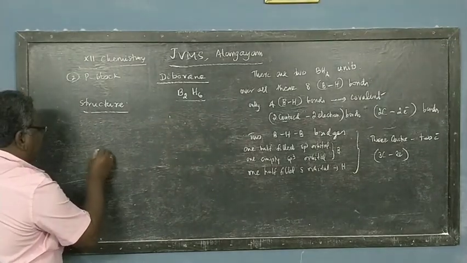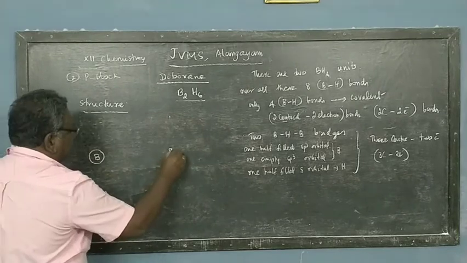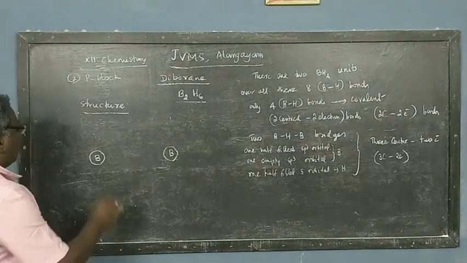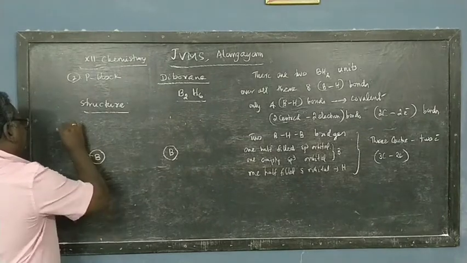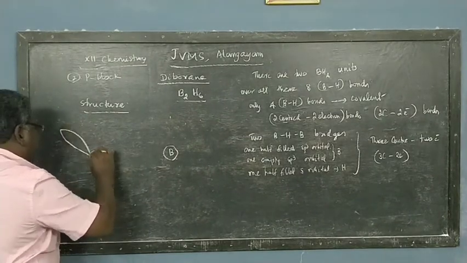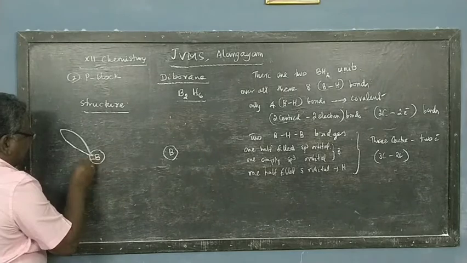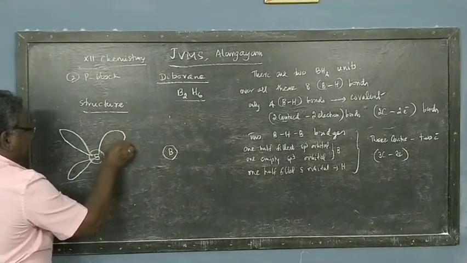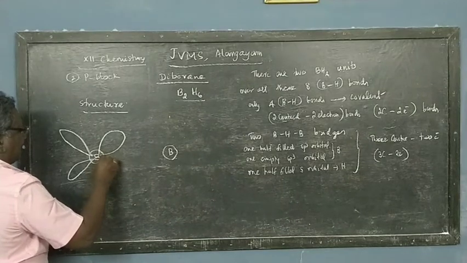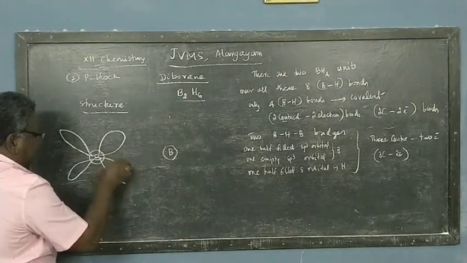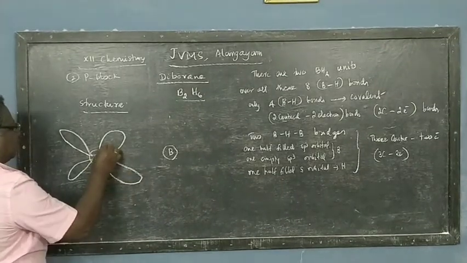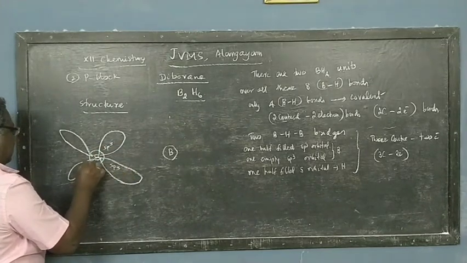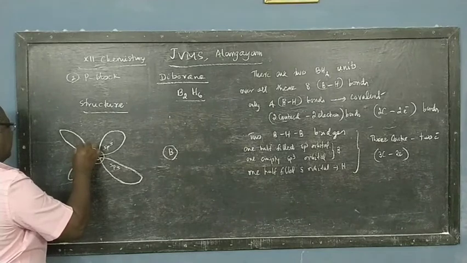There are 2 boron atoms, and there are 4 sp3 orbitals: the 1st, 2nd, 3rd, and 4th sp3 orbitals.